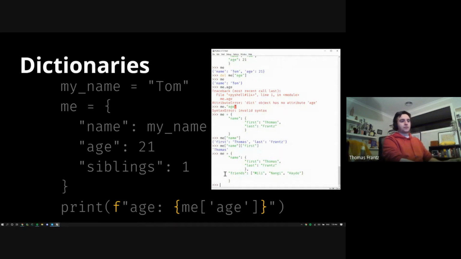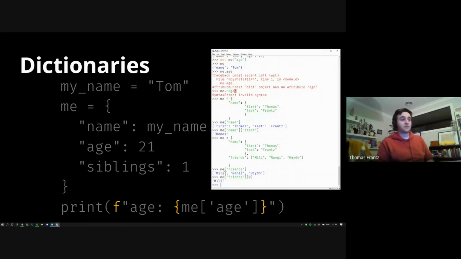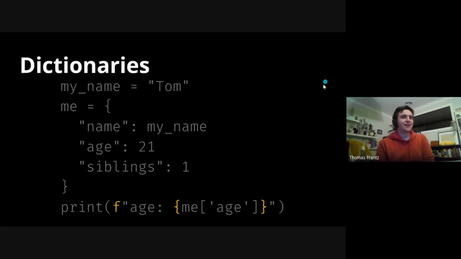So if I wanted to get my friends, I'm going to do that straight like that. But if I wanted to get my first friend, best friend some would say, we can just go straight there like that. And then that's just mixing up these sort of combinations. It'll work any which way combination you go. So that makes it really easy to go in and out of dictionaries, lists, and every which way around.